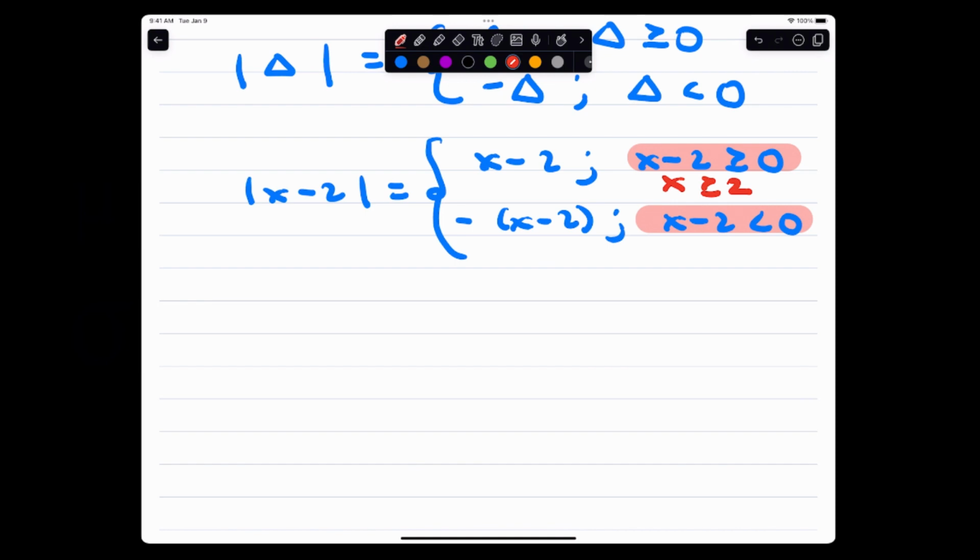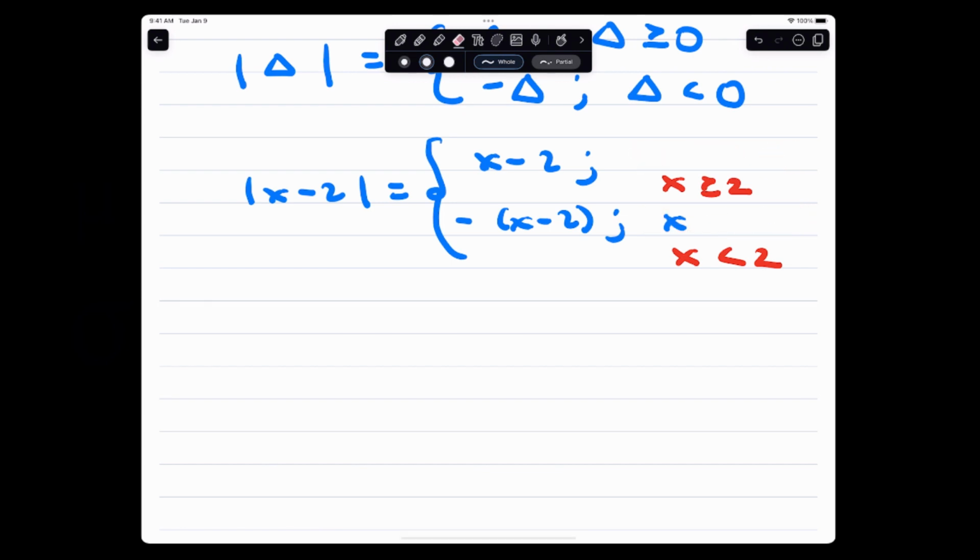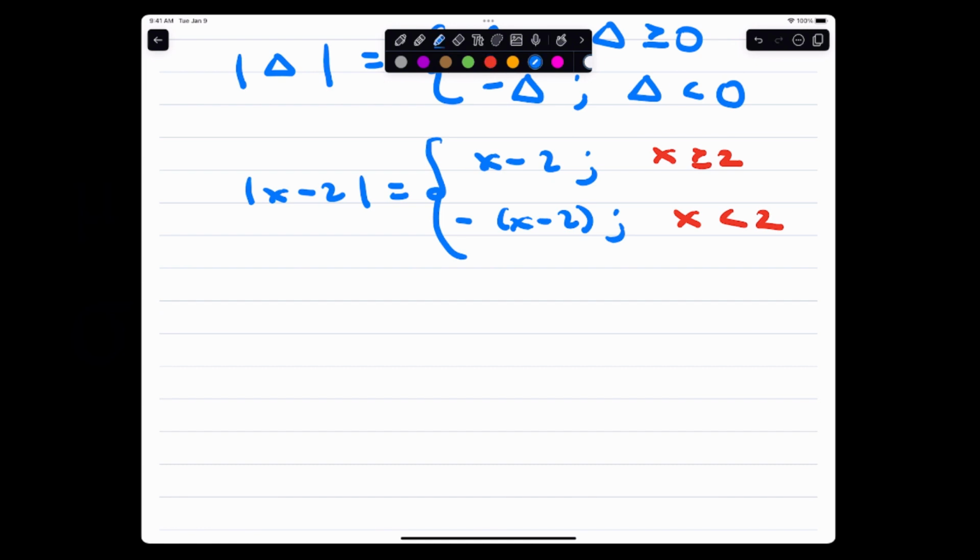And the other one, if I add 2 to both sides, means x is less than 2. So this is kind of everybody's favorite, right? All those little details. And these aren't really that bad if you understand that they gave you a nice what? I gave you a piecewise function here.